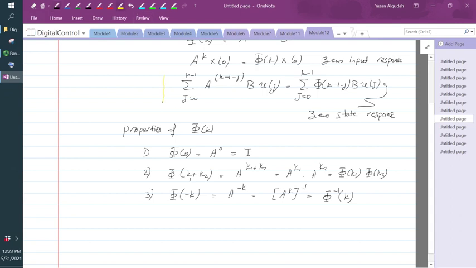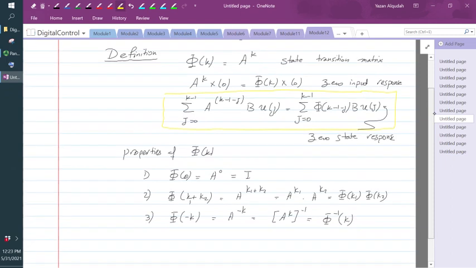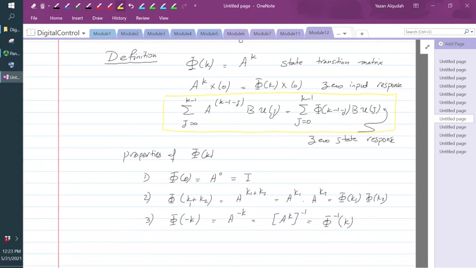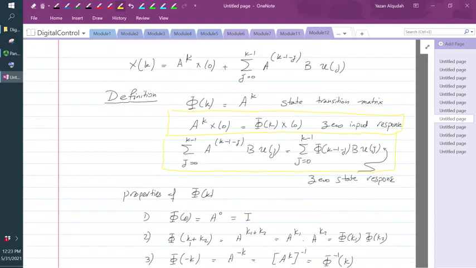The output is going to be due to the input and due to the initial conditions. One part is due to the initial conditions and the other is due to the input of the system. Both of these together are going to give me the outputs. Sorry, this is the formula altogether.